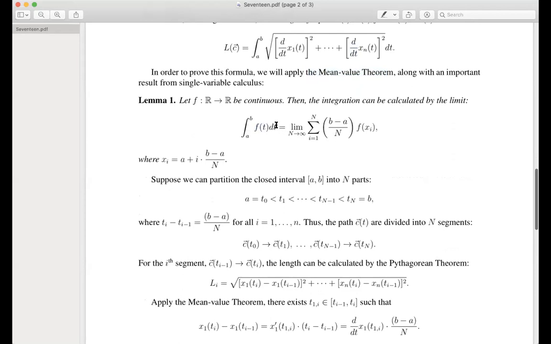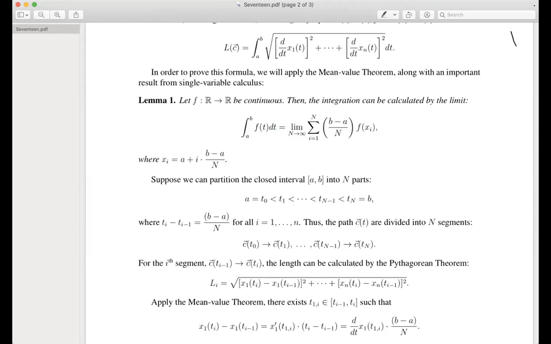So the result is the integration is equal to the limit of this n sum when the number of terms goes to infinity.